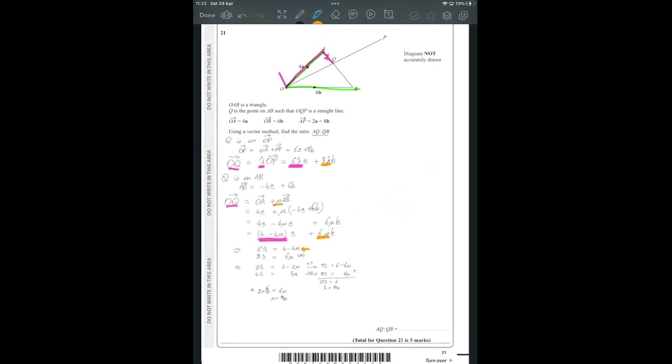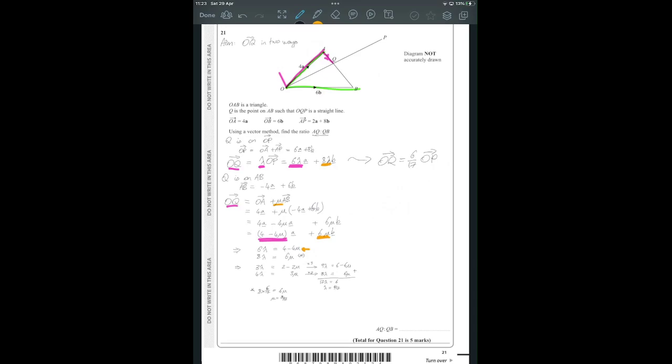So this is telling us from the lambda that O to Q is 6/17 of the way from O to P. From this one here, we're now getting that O to Q is 6/17 O to P. Well, that tells us the fraction along there, but that's not the one I cared about.